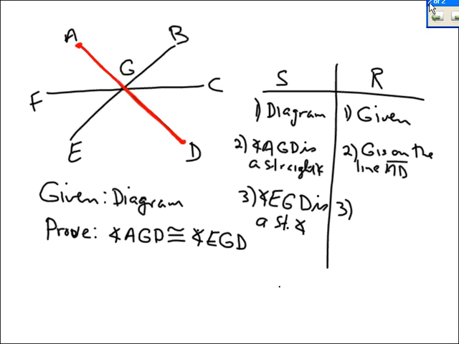It doesn't matter. If I draw a line segment AD and I put G anywhere on it, then that angle is 180 degrees. It's the straight angle.